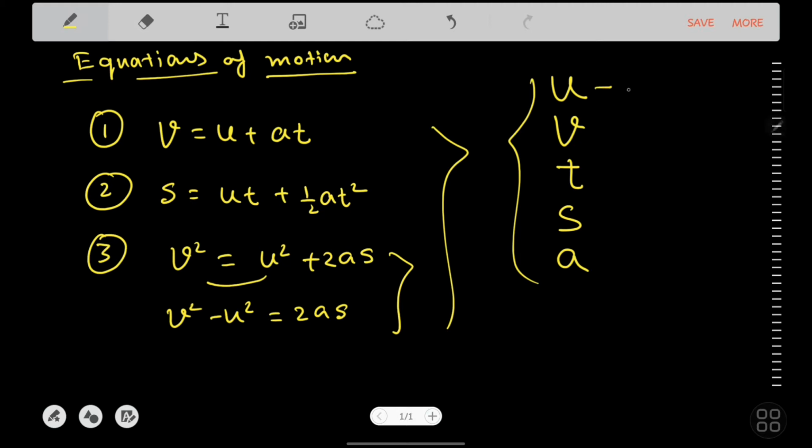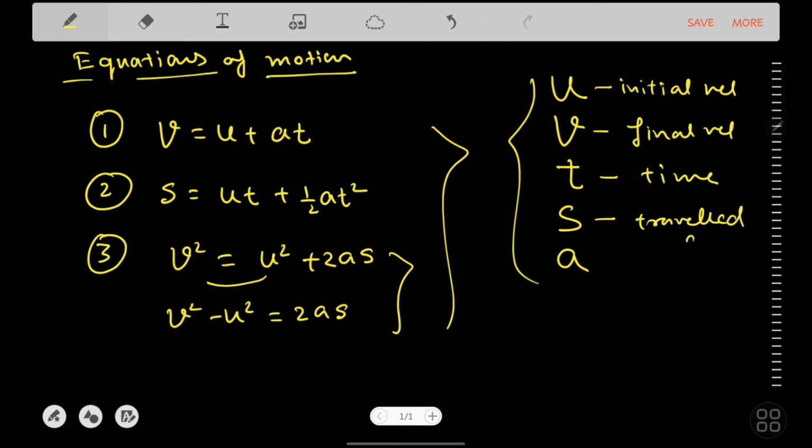U is known as initial velocity, V is known as final velocity, T is known as time, S is the traveled distance, and A is well known as acceleration. This is the usual meaning of the different symbols we have used here.